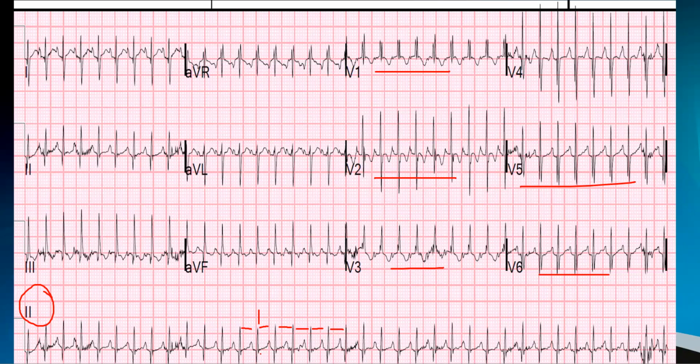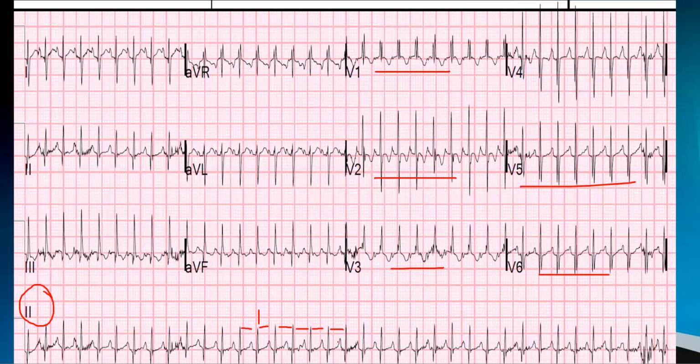Then you look into the PQRST. If you look here, you can see it's very narrow, right? The QRS is very narrow. A normal QRS should be between 1 to 3 small squares. Now, this one is very, very narrow, not even one small square, I would say.